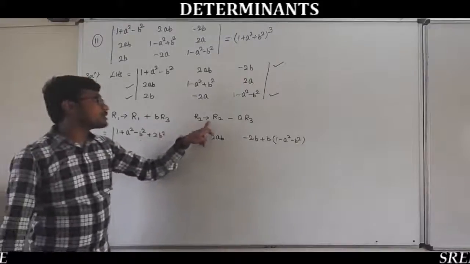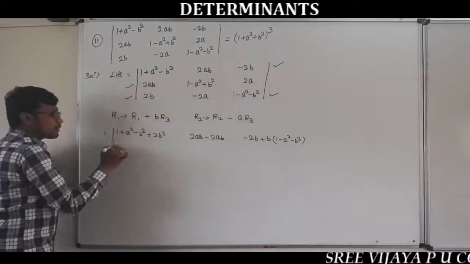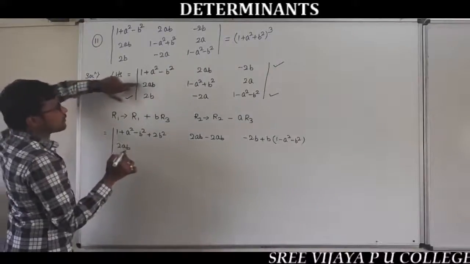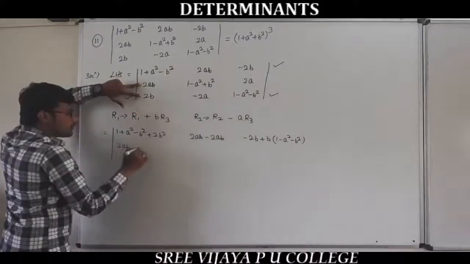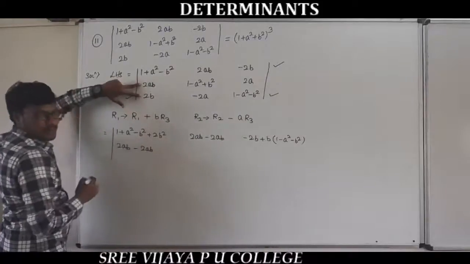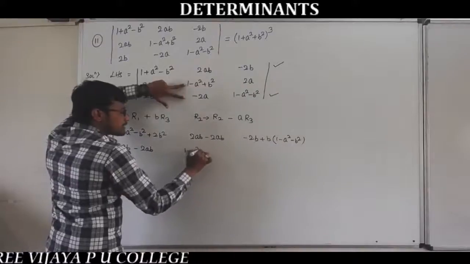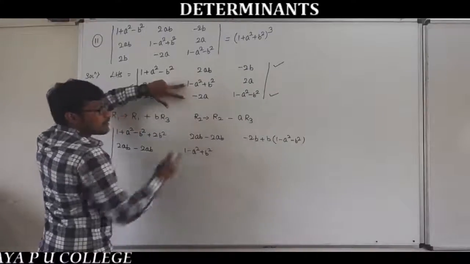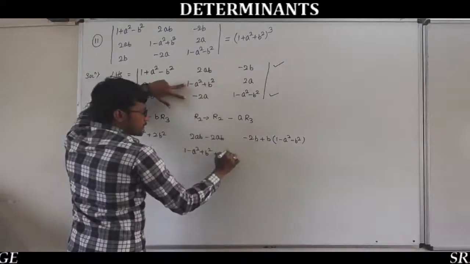Now R2 changes to R2 minus a times of R3. What is this R2? R2 is 2ab minus a times of this one. Minus a into 2b, it's minus 2a. Now these two: 1 minus a square plus b square minus a into minus 2a plus 2a square.